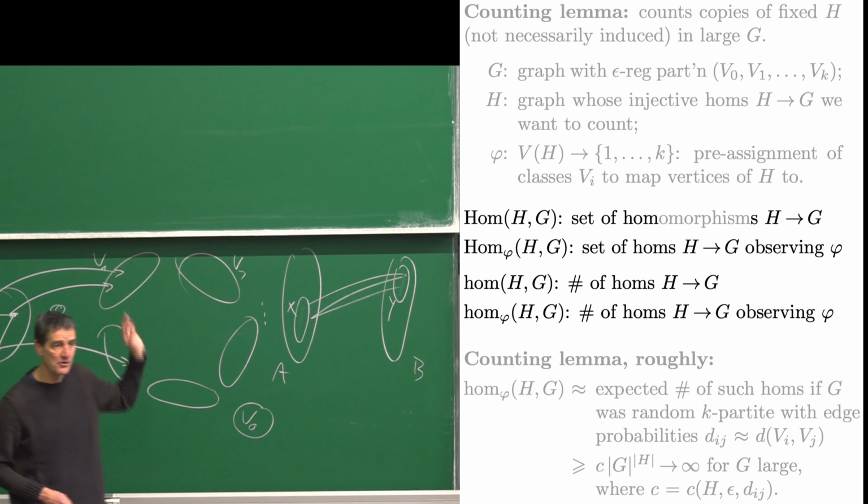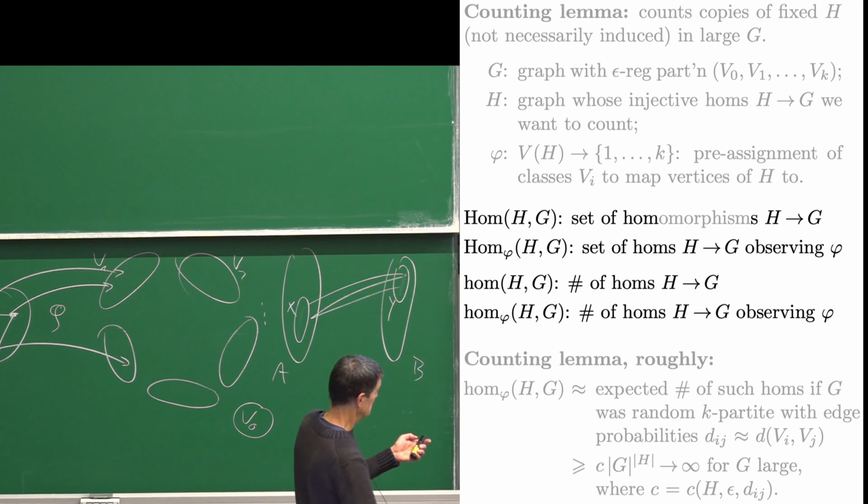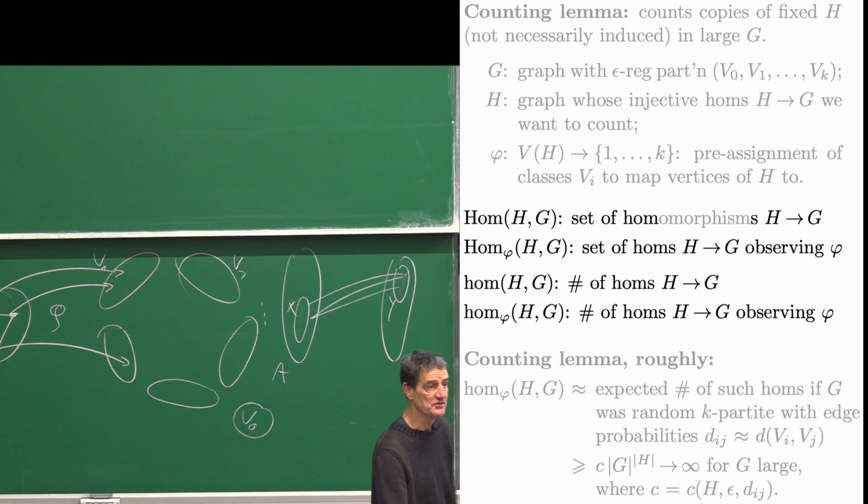So little phi is not the homomorphism. But the set of all homomorphisms from big H to big G that respect this assignment of partition classes, little phi, is denoted as big Hom_phi(H,G). And with little h's, hom(H,G) and hom_phi(H,G), that's just the number of those homomorphisms respectively. Okay?